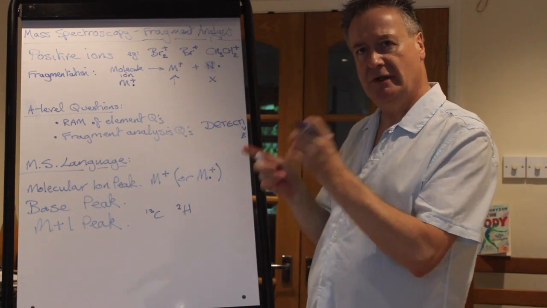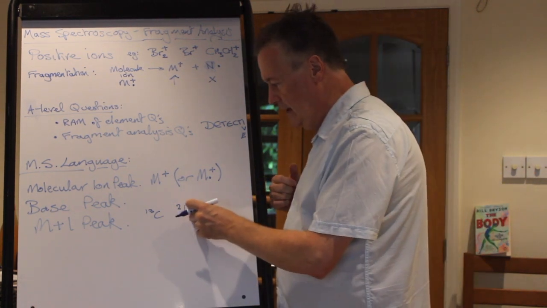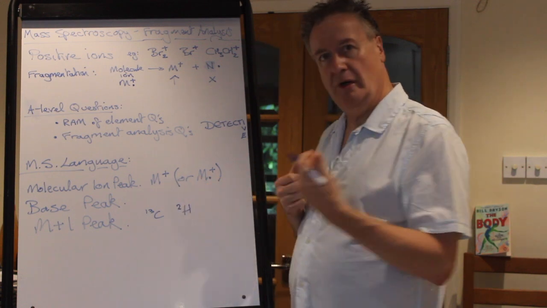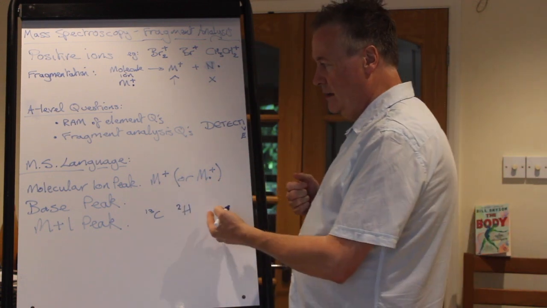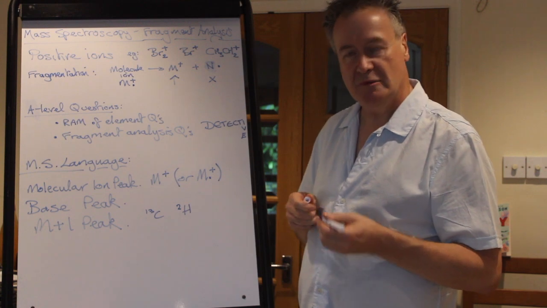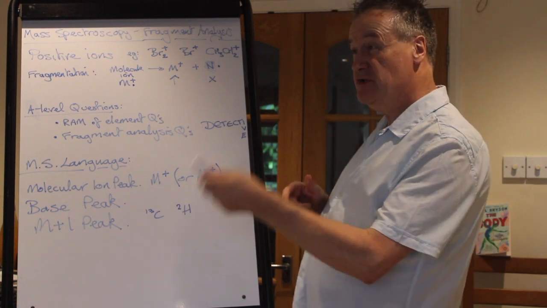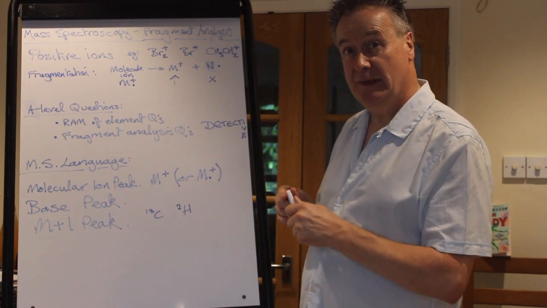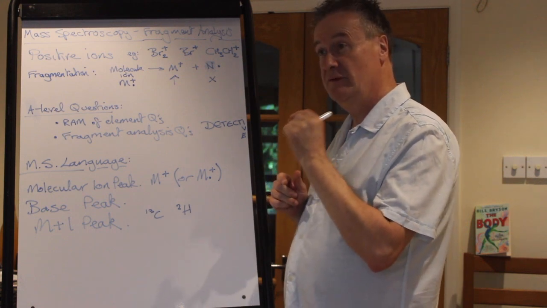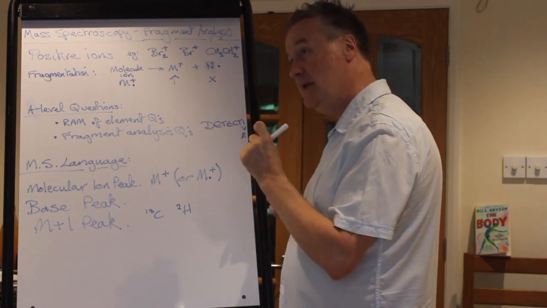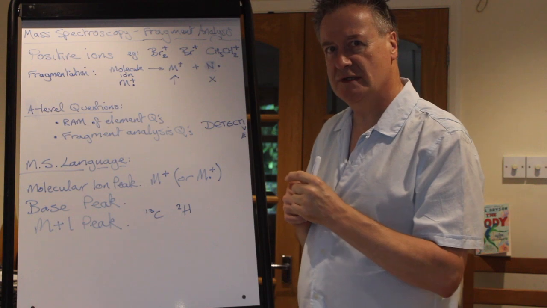That's a proton and a neutron in the nucleus. And that raises it again by an extra 1. So you get an M+1 peak, which is always tiny and just past the molecular ion peak, but it will be visible but small, and the molecular ion peak will be obviously bigger.